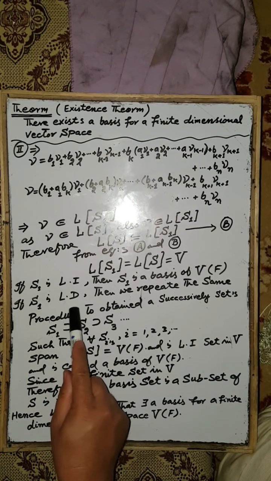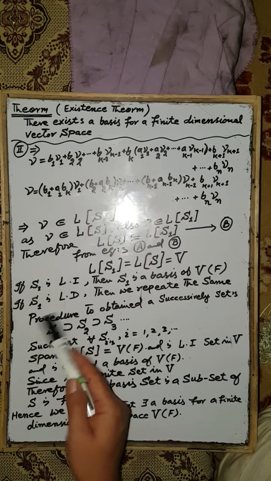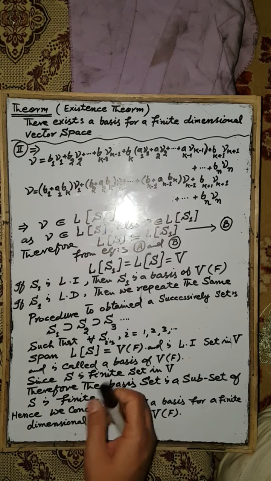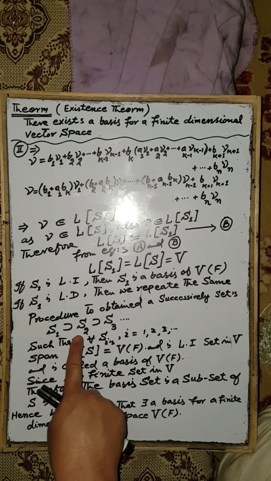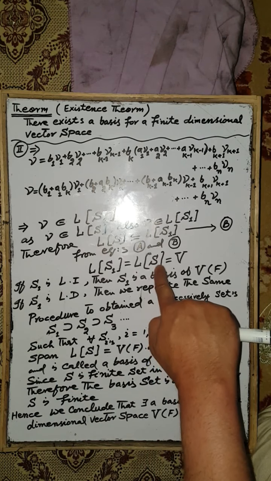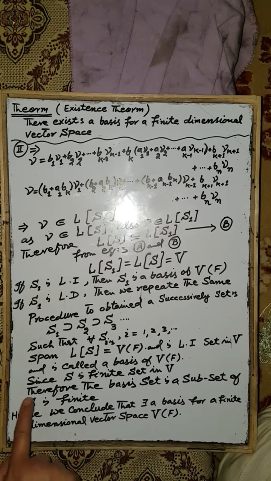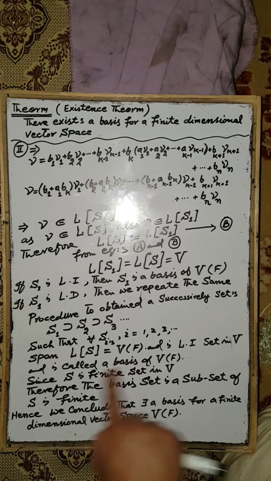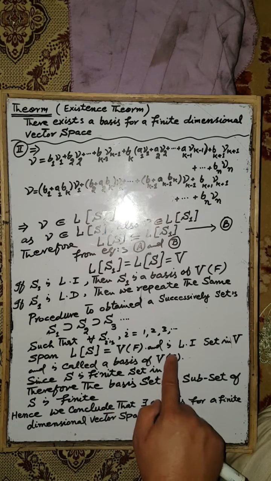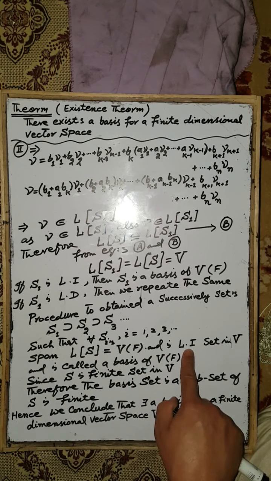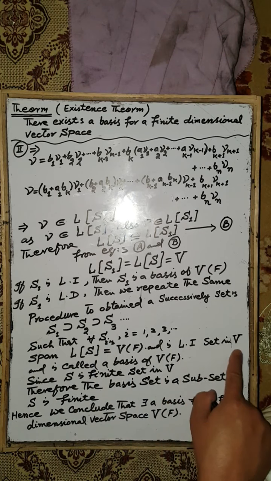That is, there exists at least one element which is a linear combination of the preceding elements. We remove that element and get a subset S2 of S1 which spans the vector space V over the field F and is a linearly independent set.